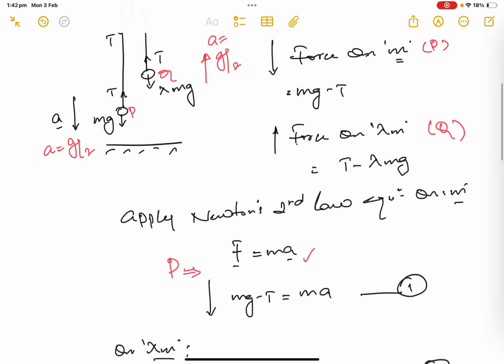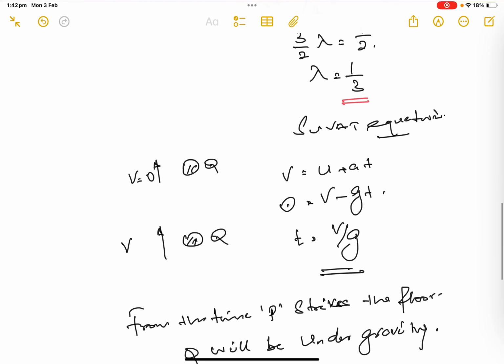When the particles are travelling with the string in tension, as soon as the particle P hits the ground, the string is no longer in action, so there is no T. P comes down and Q goes up. When P hits the floor with speed v, Q has the same speed as well, because the string is attached to both weights.